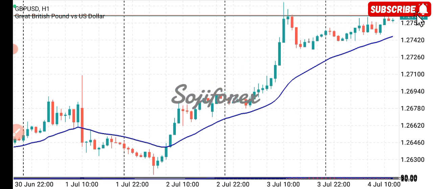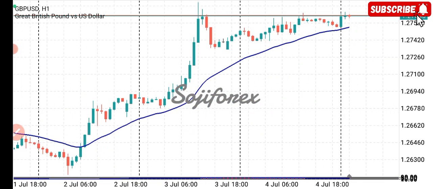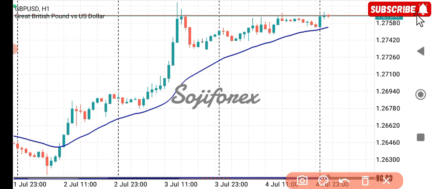Here is another typical example. You open your chart, you will see exactly what price is doing, and you ask yourself, what is the current price condition, the current price scenario? At what point did price make contact with the moving average, and they have it at this point.